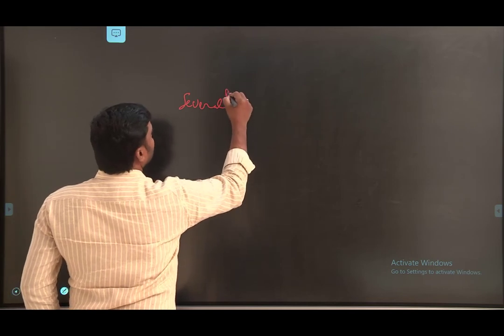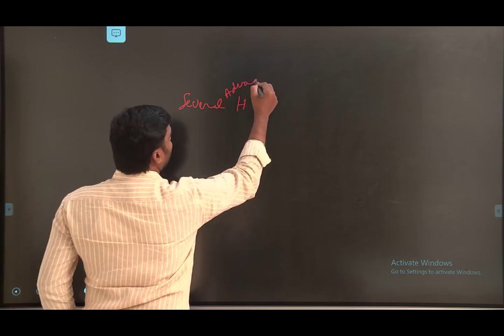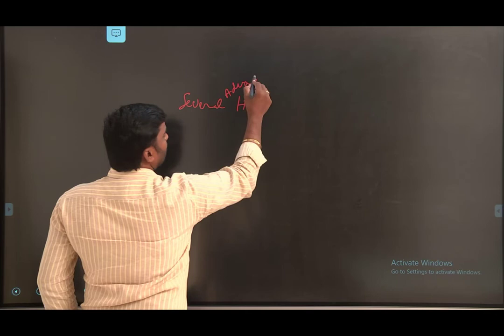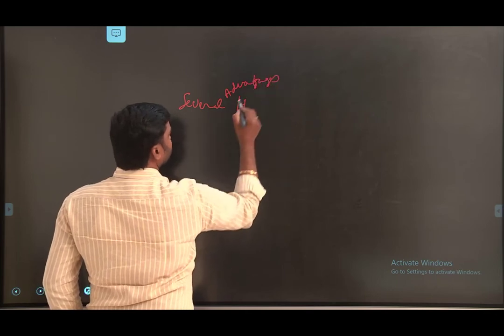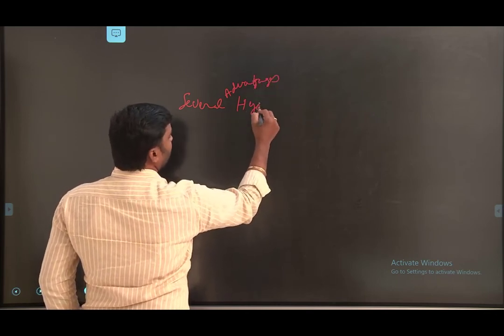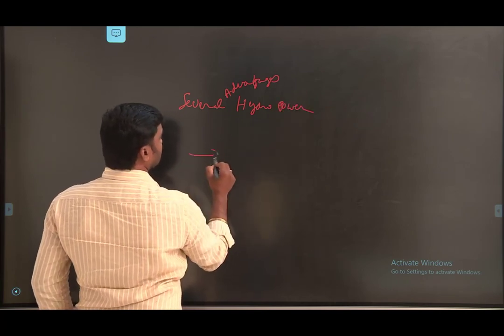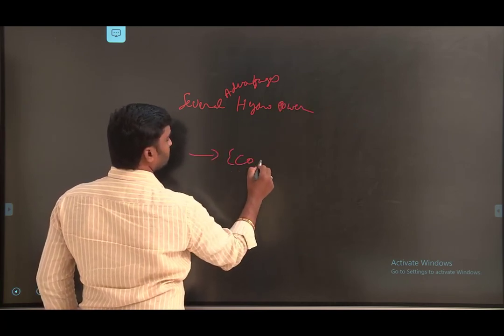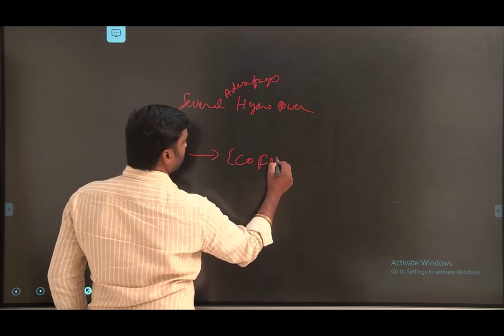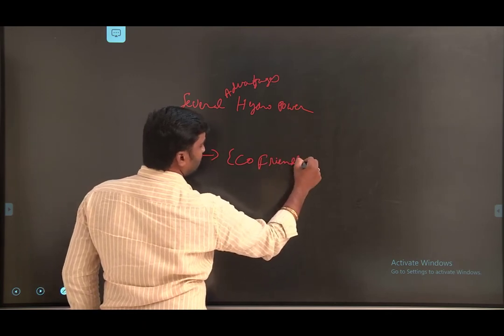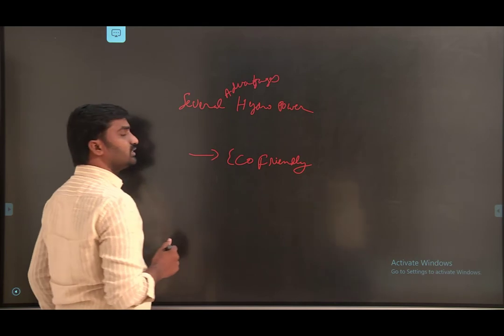So what are some advantages of hydroelectric stations? The first thing is that it is an eco-friendly system. There is no combustion process, so there is no question of emissions.